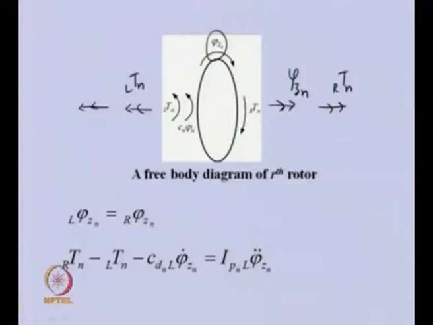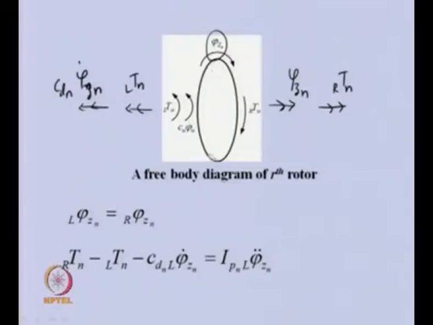So this will be C d n and angular velocity. So you can see that various torques are represented here. So now we can take the relations of the various variables here.